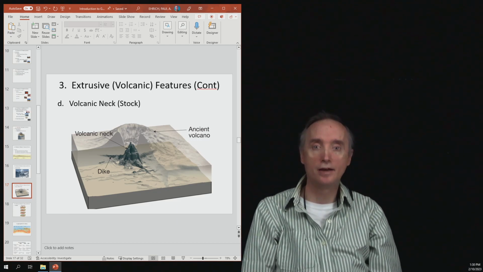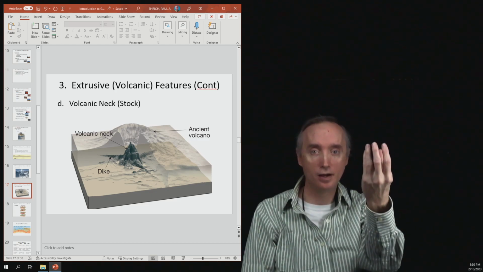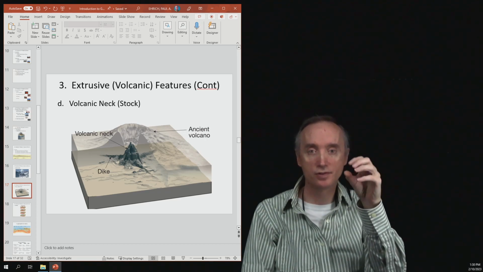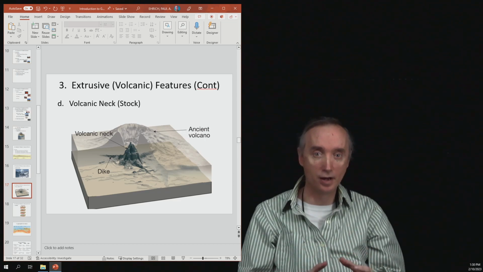Then you also have the remnants of the volcano. So the material that was in the pipe that was leading up to the surface, sometimes that material will completely harden up.